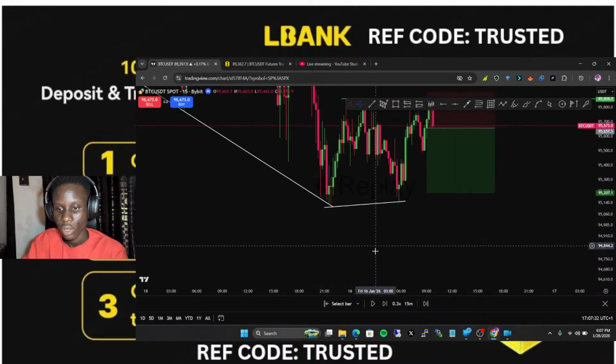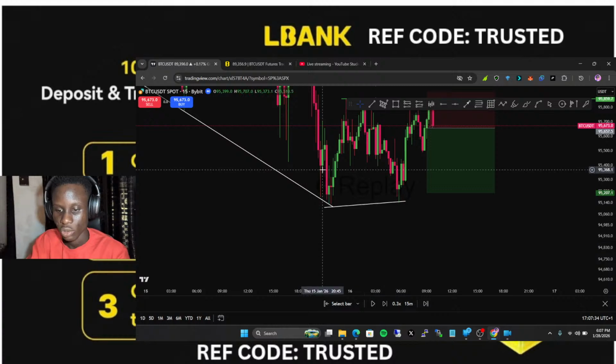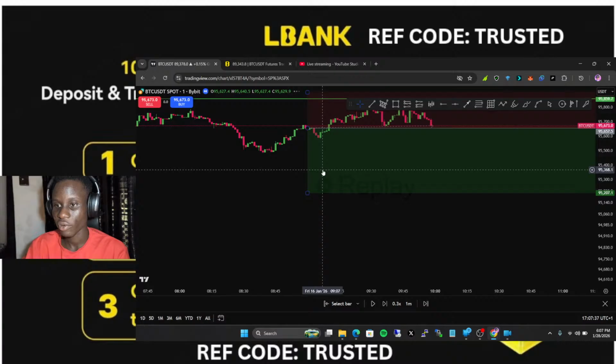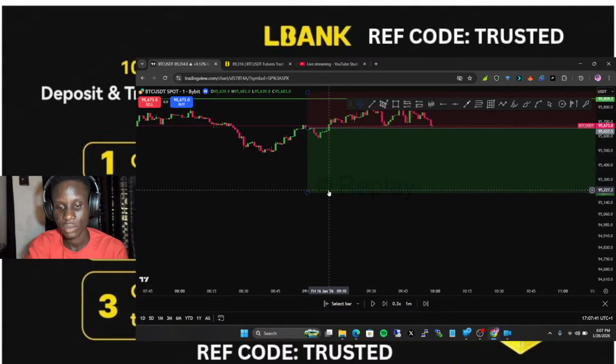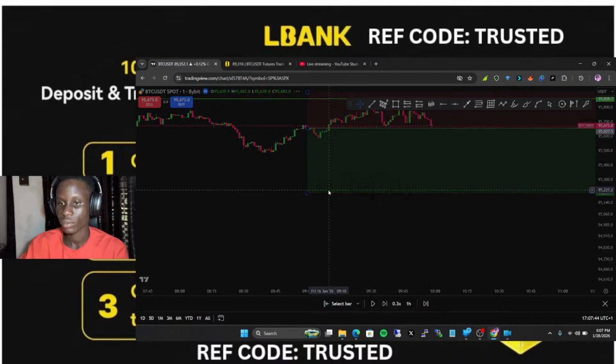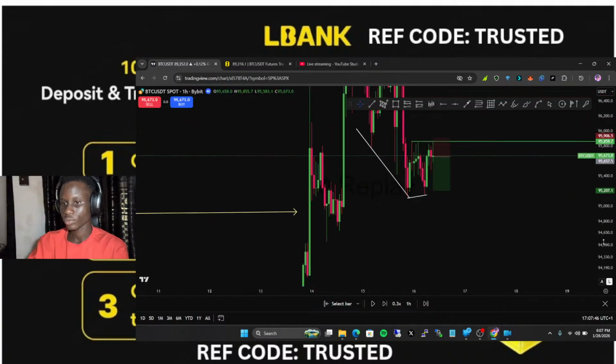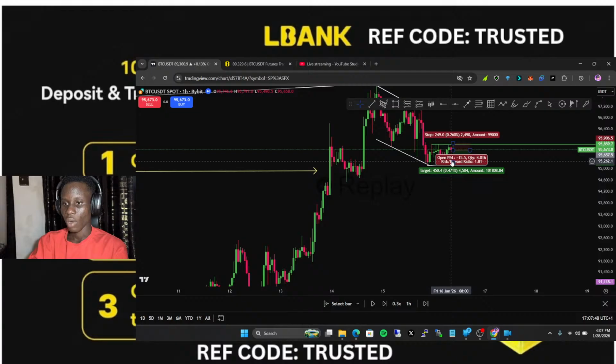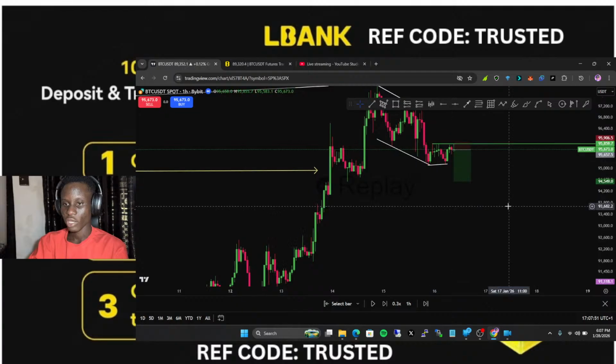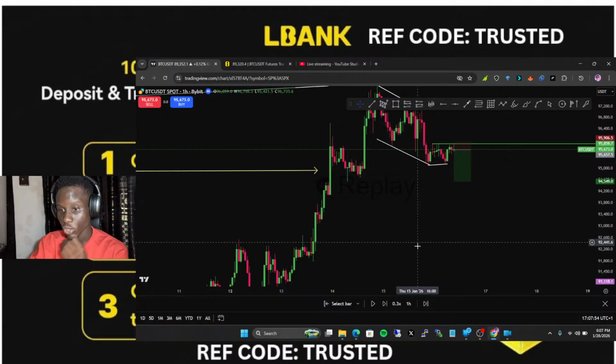So our target is going to be considered on the 1 hour time frame. So our entry is going to be here, because this is the current support we are seeing right here. So that's about 1:4.